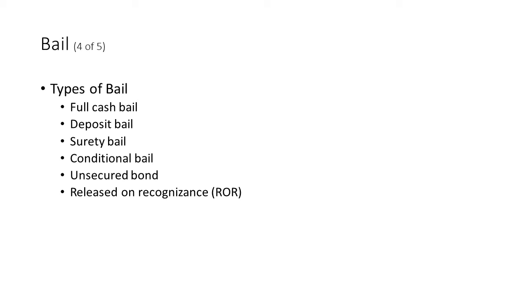Surety bail, or surety bond, is another name for it. The defendant pays a percentage of a bond. This is common too in New York. The court will normally set a cash bond scenario, and it's usually a surety bail. The defendant pays a percentage of a bond, 10%, to a bail bondsman, who then posts the full bail.